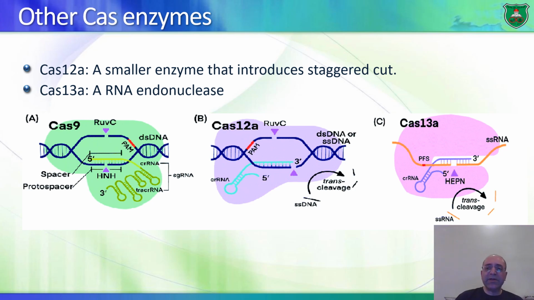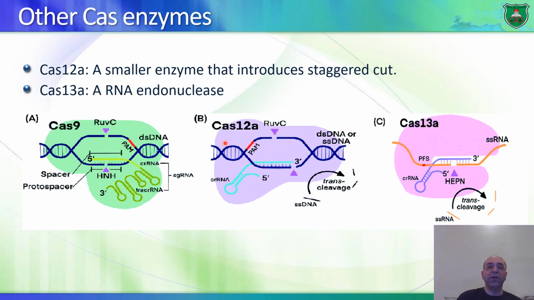Since the CRISPR-Cas9 system has been discovered, we've had the discovery of other Cas enzymes and proteins, and other systems as well. An example is a Cas enzyme known as Cas12a. This system introduces staggered cuts rather than blunt cuts. The Cas9 enzyme creates blunt cuts.